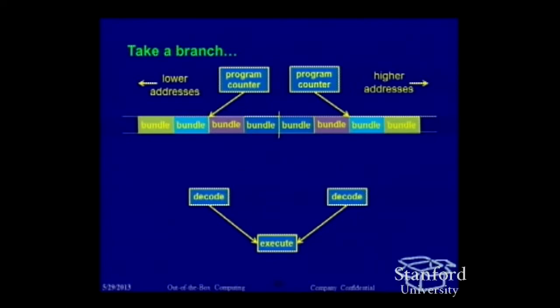Pull off the next pair. Down and execute. And so on. There we go. And that will keep on going until somebody does a branch whereupon the two program counters both go off to someplace else.